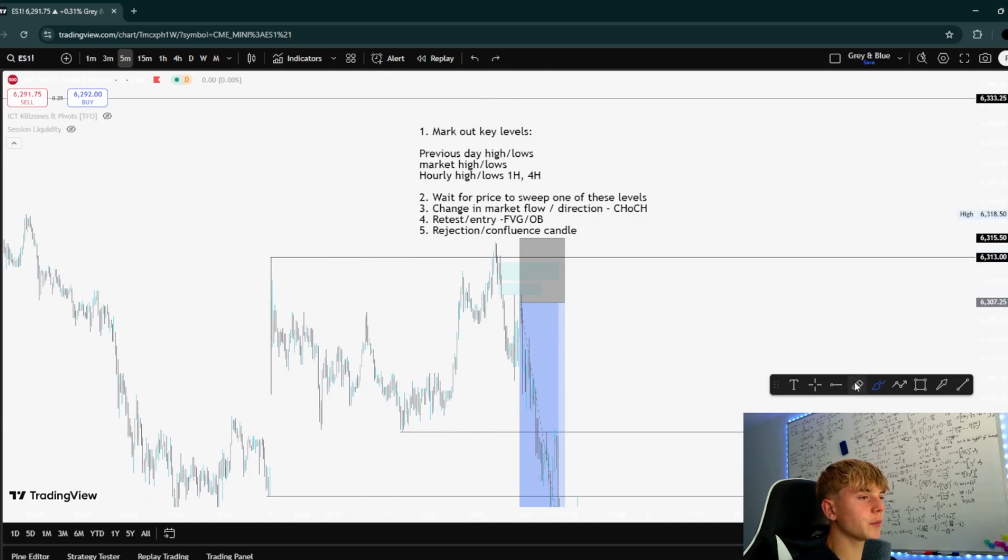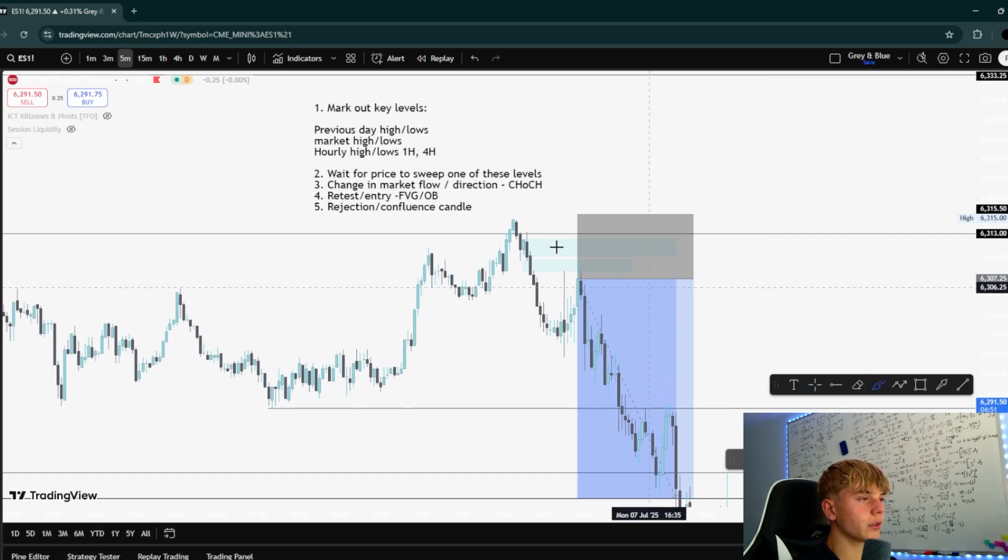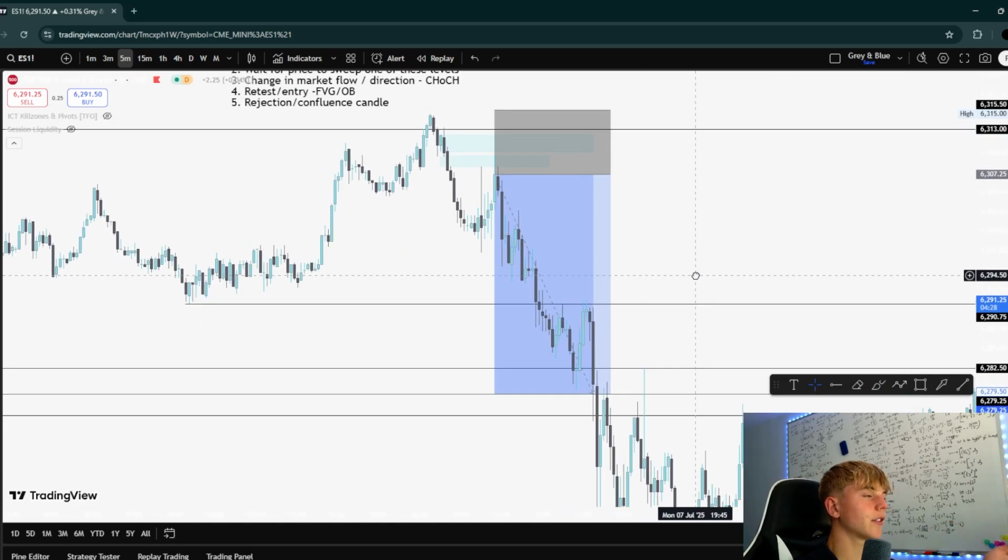We then waited for price to sweep one of these levels, going down into a lower time frame, which we saw here. We then waited for a change in market flow or direction, which we saw at this change of character there. We then waited for a retest or an entry into a fair value gap, which we saw here. And then we waited for a rejection, which was this wick. And with all of these confluences together, I knew I had a good trade, and the rest is history.